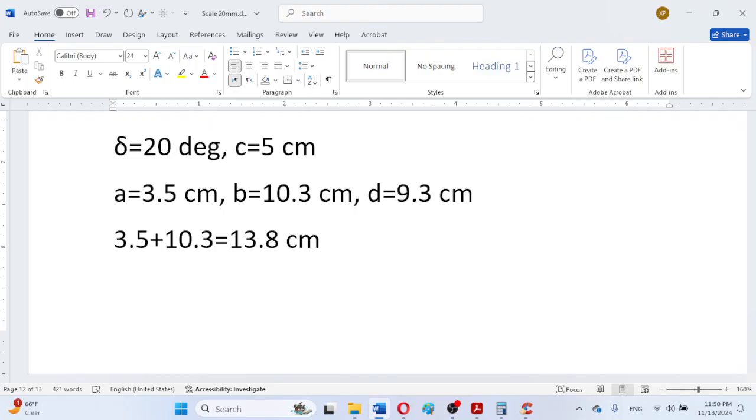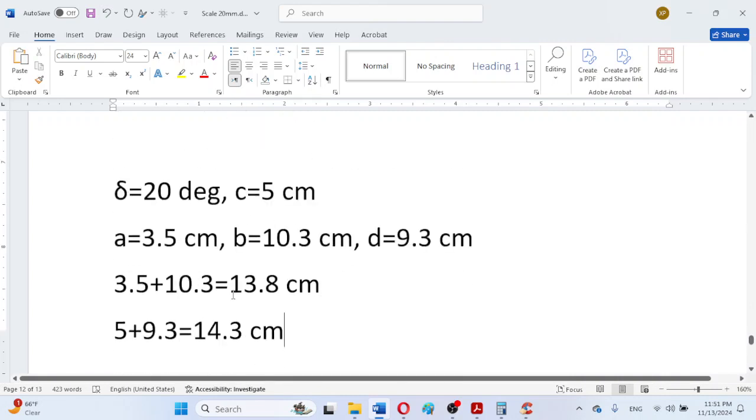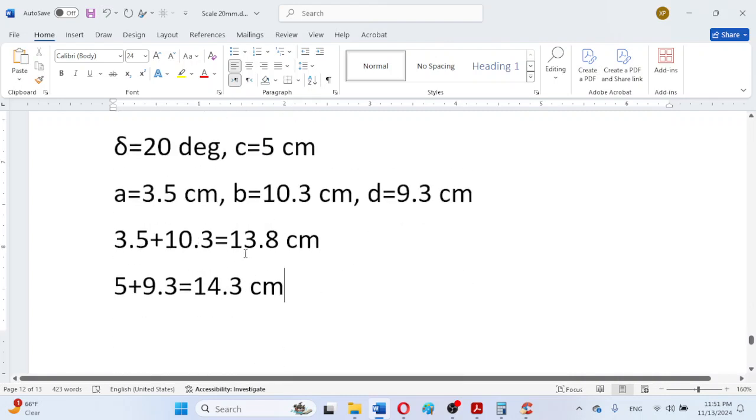Whereas P plus Q are the other two links, so one is, for example, the rocker, that is 5, plus D is equal to 9.3, and this comes out to be 14.3 centimeter.